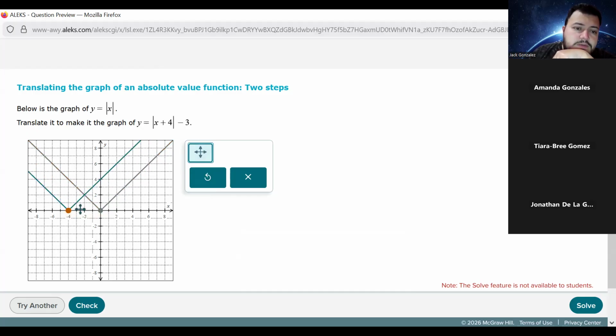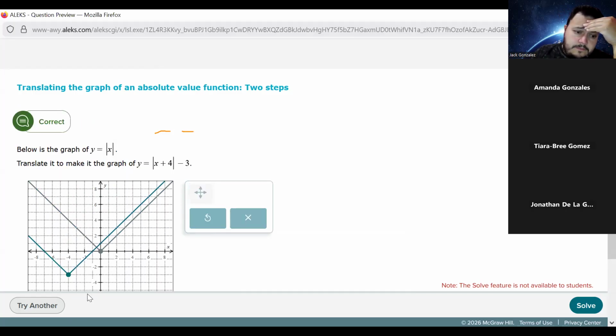Since it's -3, you move it down 3. So the translation would take the original, move it to the left 4, down 3. If it's inside, it's opposite. If it's outside, it's just straight up. If it's outside, it's vertical. If it's inside, it's horizontal. But the next few are similar.